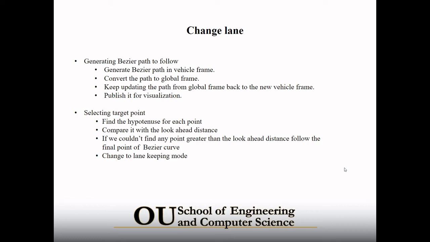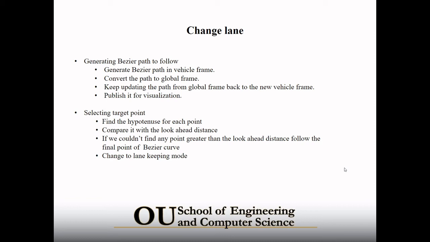First, we find the hypotenuse for each point from the car, which is the square root of x squared plus y squared. Then we compare this to a look-ahead distance, which is 2 meters.